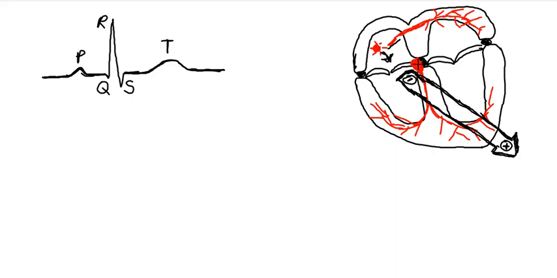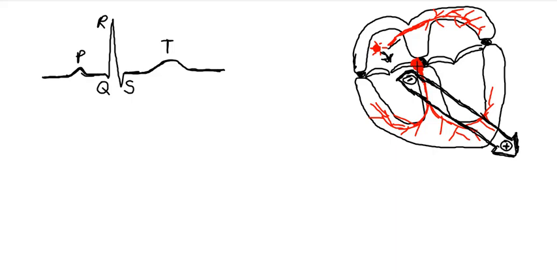Okay, then the electrical impulse relays in the AV node. We have already discussed in the previous lecture that the AV node is a bad conductor. Why it is a bad conductor we will discuss maybe in later lectures, but for now just remember that the AV node is a bad conductor and here there is no electrical activity.